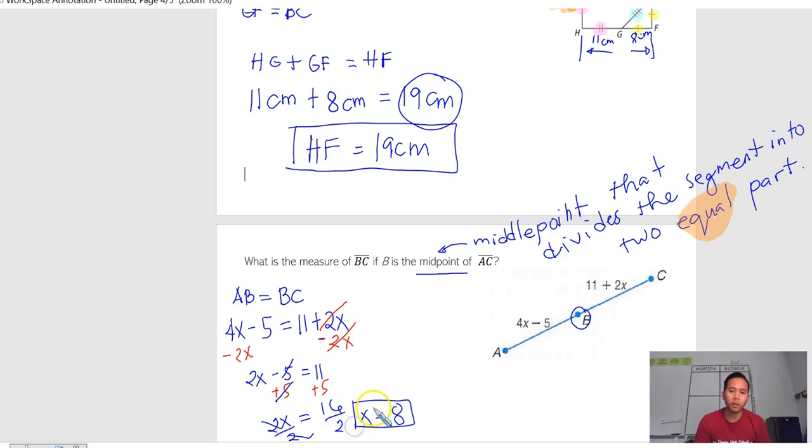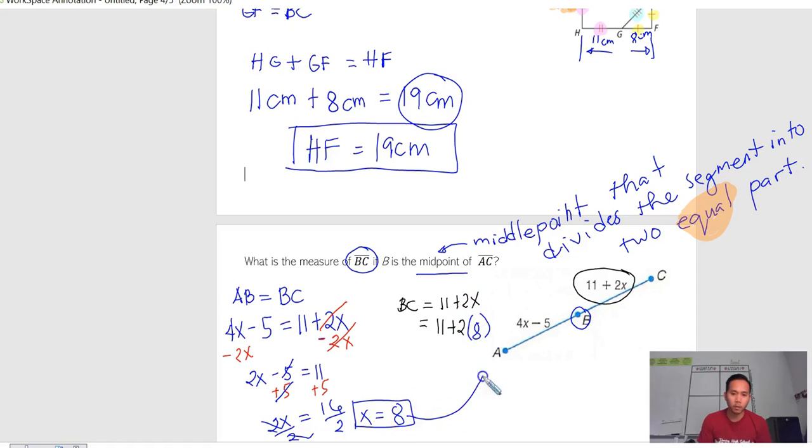Should I stop there when I find the value of x? No, because what we are doing, what is the measurement of BC? BC is 11 plus 2x. And we have the value of x already. So what's the value of x? We'll just plug that in. The value of x is 8. Mister, where did you get 8?